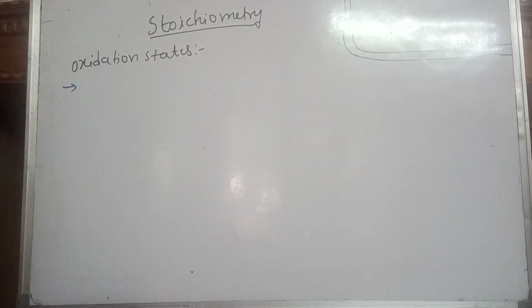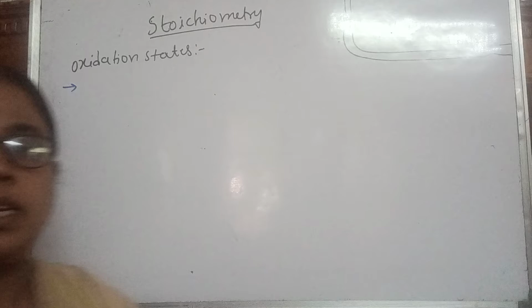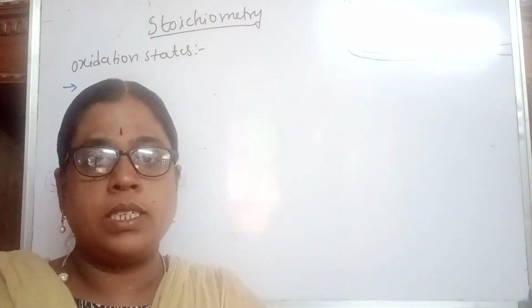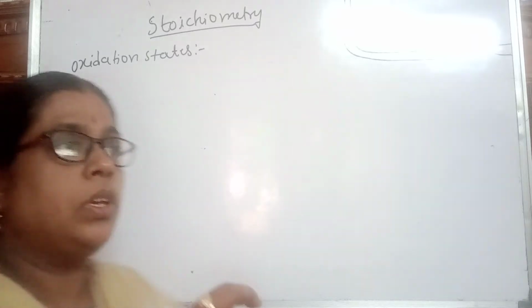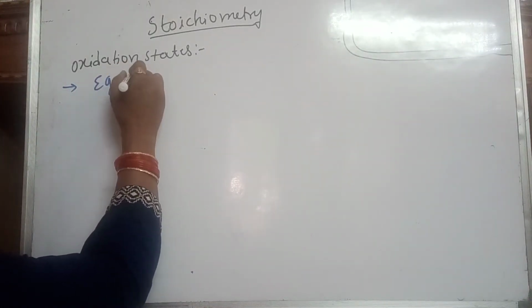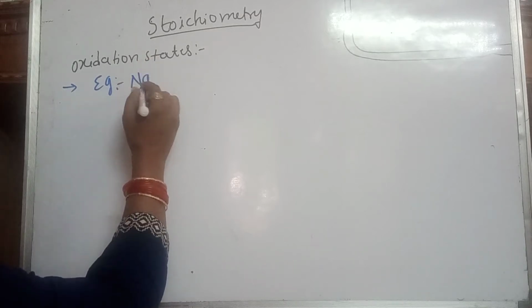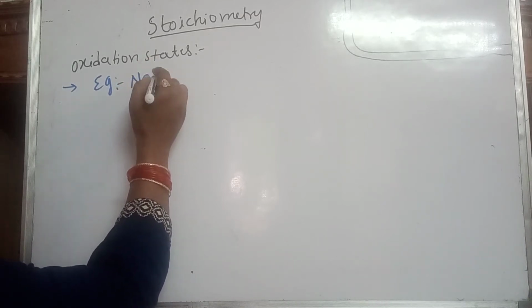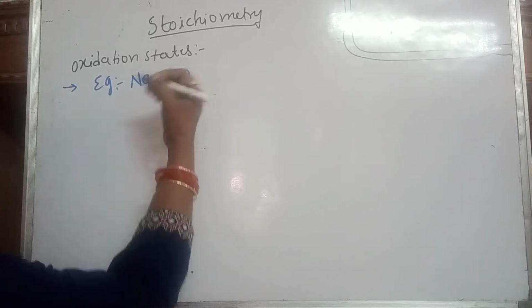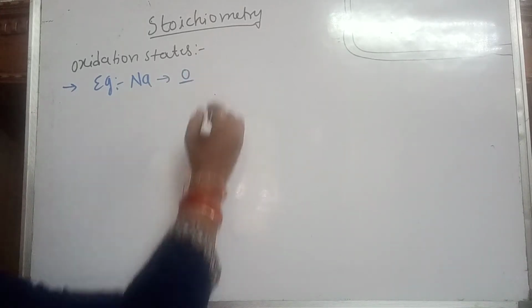First, in the elemental state and molecular state, the oxidation state of an element is 0. For example, take sodium, Na. This is the elemental state, and the oxidation state of sodium is 0.